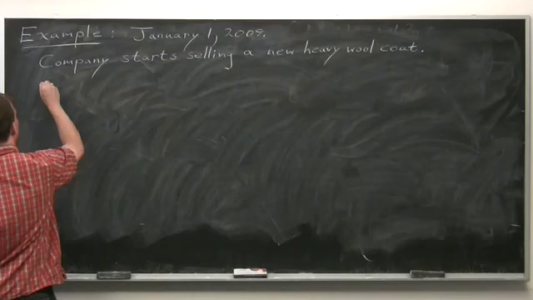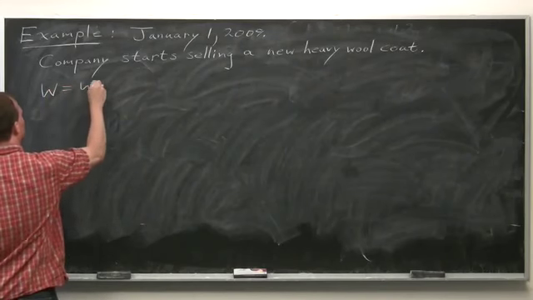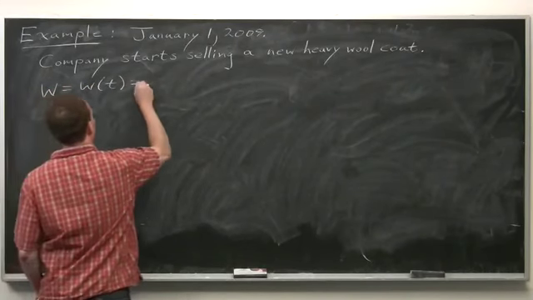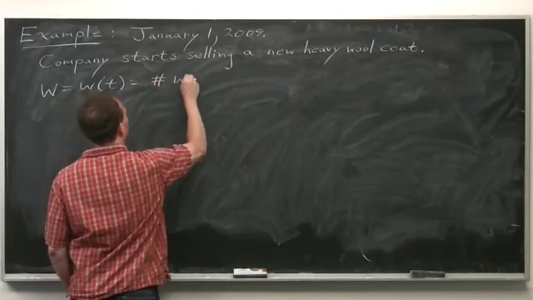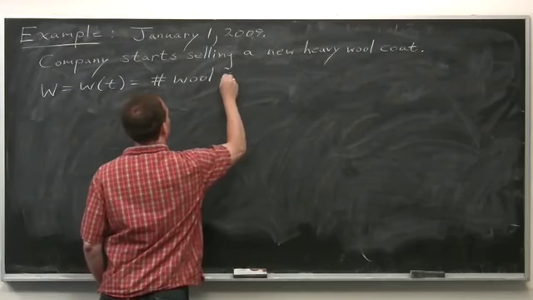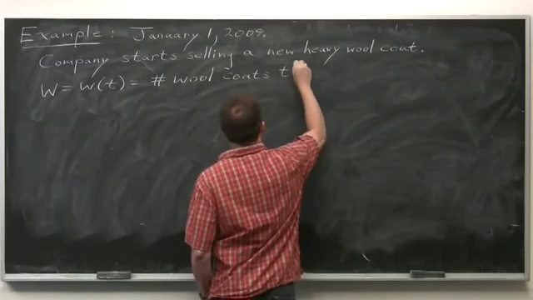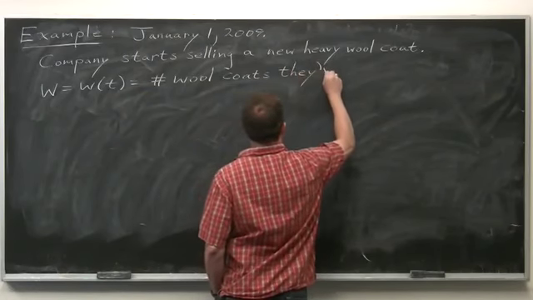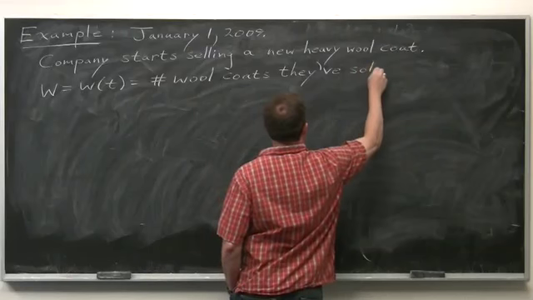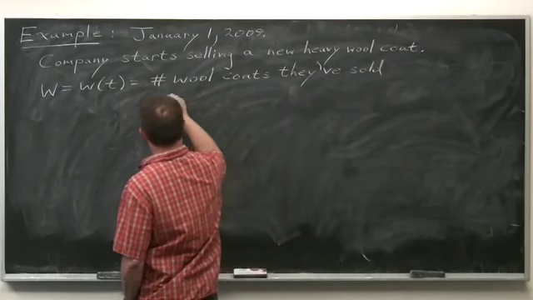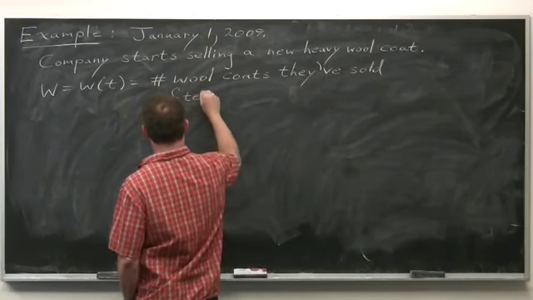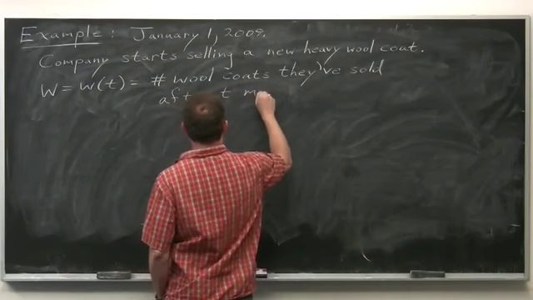We're interested in W, which is W of t, equals the number of wool coats they've sold after t months. So t equals 0 would be January 1st.